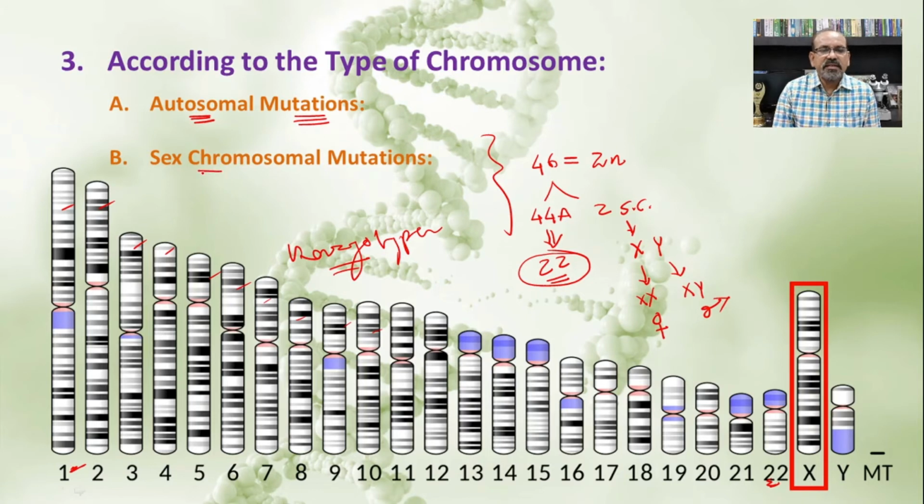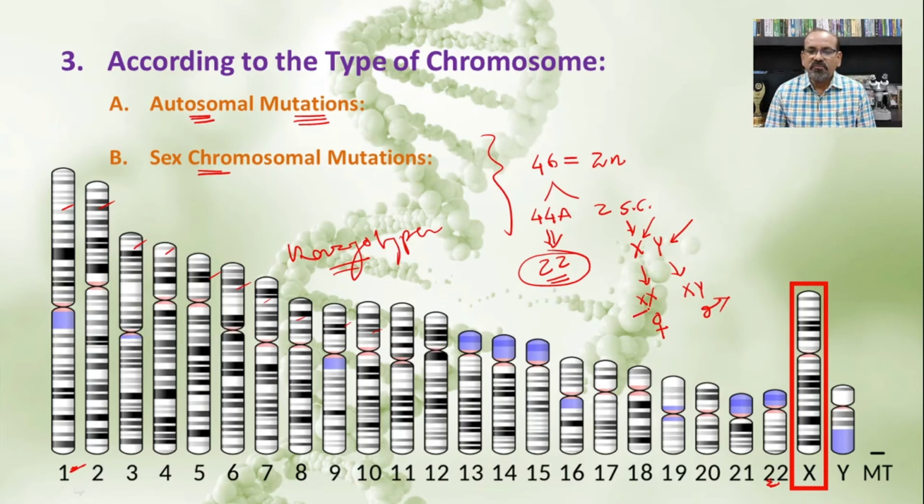Instead of that, there are even mutations in the sex chromosomes of the organism, and such mutations present in the sex chromosome are known as sex chromosomal mutations. If these mutations are restricted to the X chromosome or the Y chromosome, then they will be considered sex chromosomal mutations.